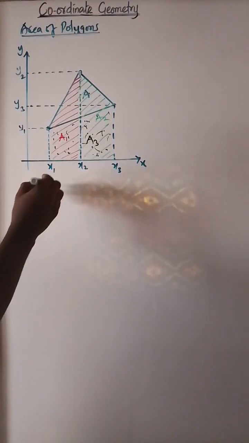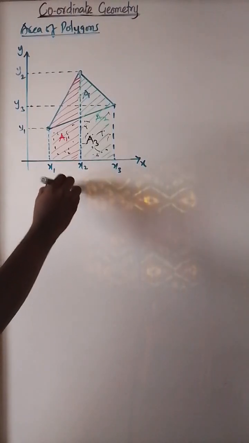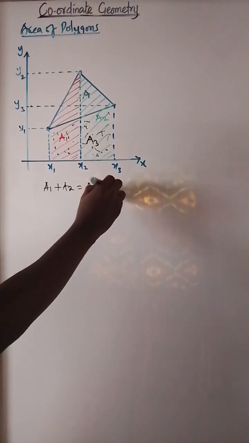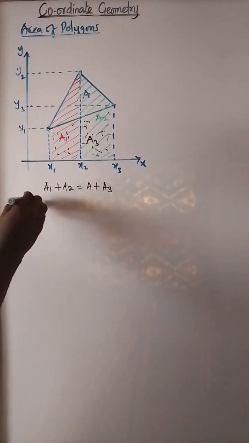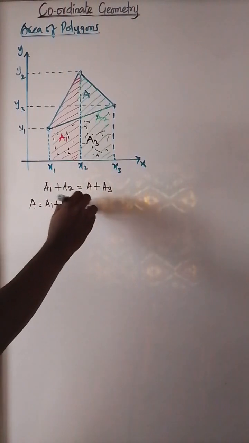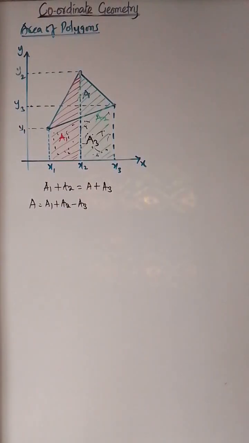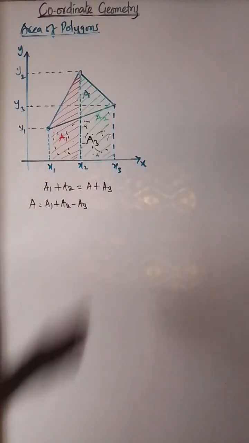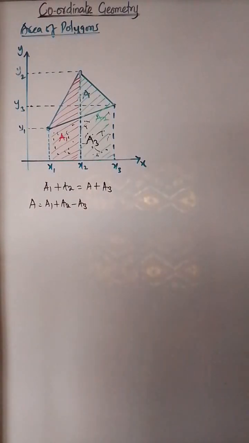It's obvious that if I add A1 and A2, it will give us A plus A3. But our aim is to get A. So we can say A equals A1 plus A2 minus A3. And A1 is the red trapezium, A2 is the green trapezium, A3 is the black trapezium.